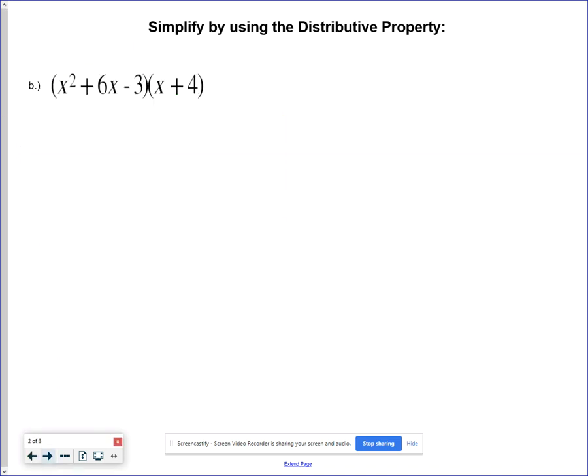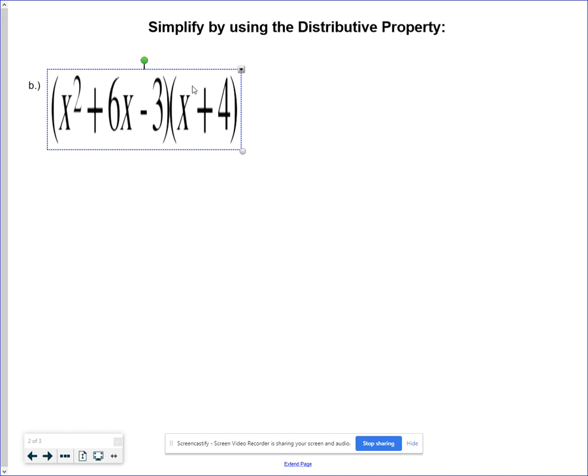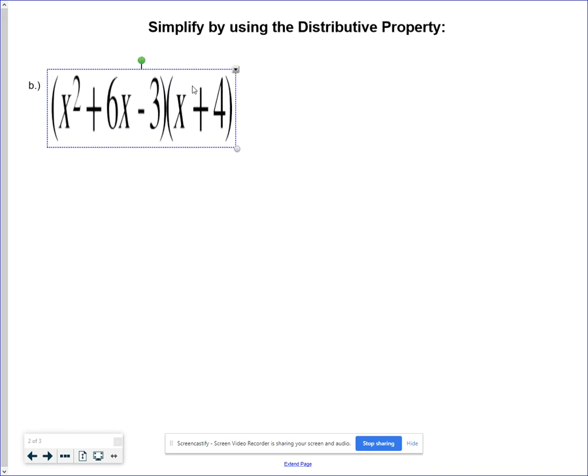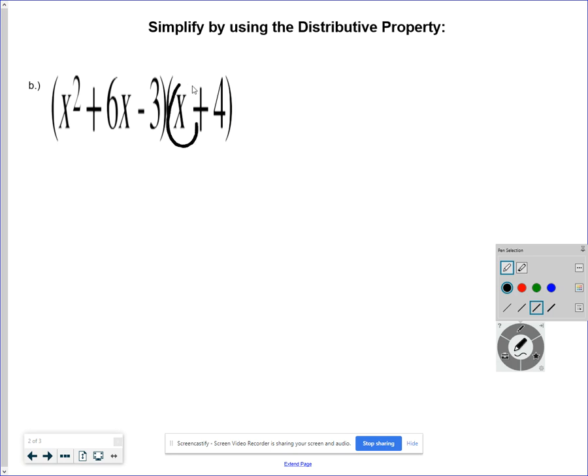And the other example that I want to go over today uses the distributive property as well, but we have 2 terms this time. So we'll take each term and individually distribute it to the terms first. So we'll take our x and distribute it to each term.